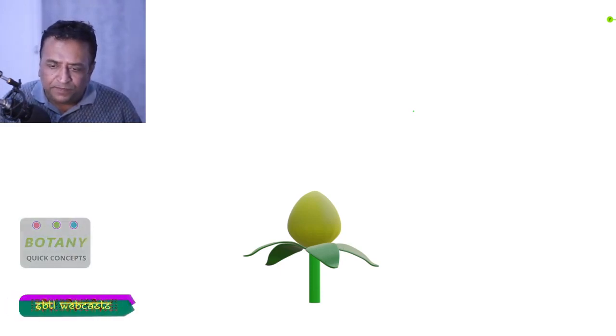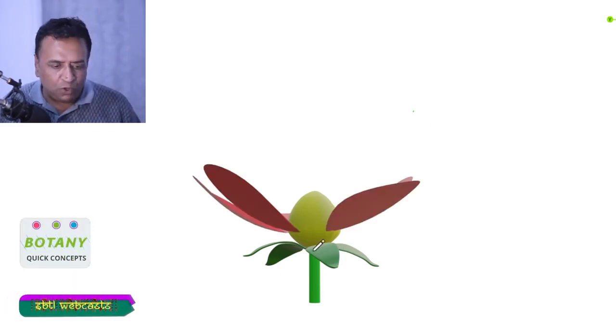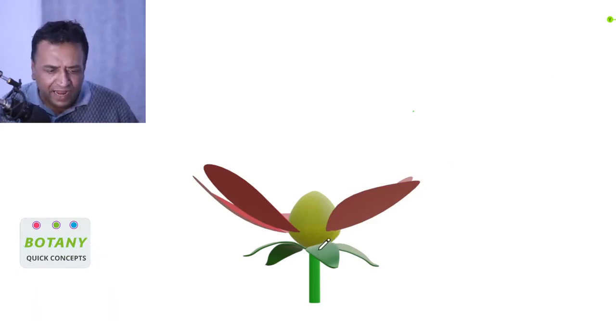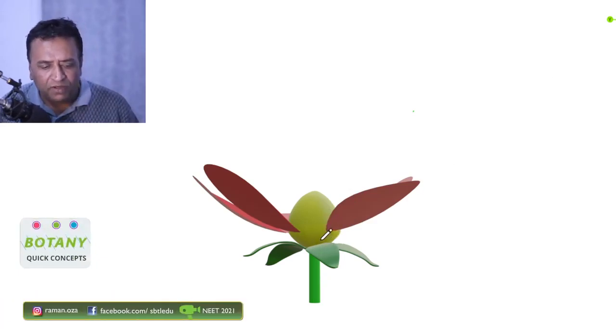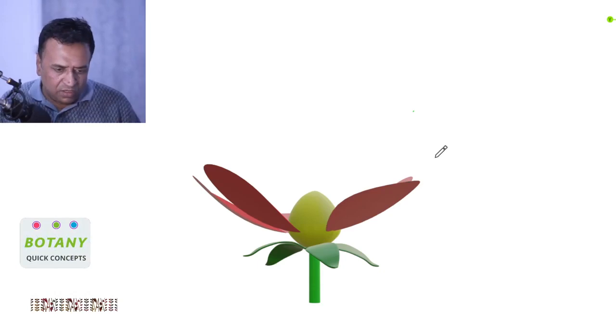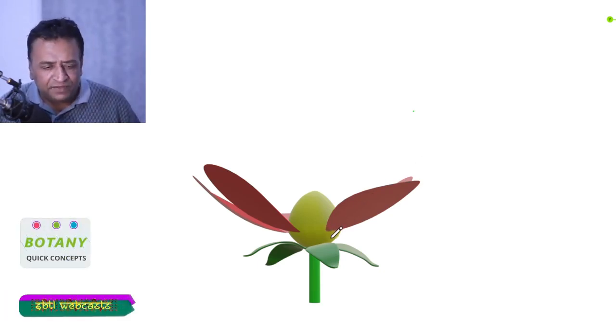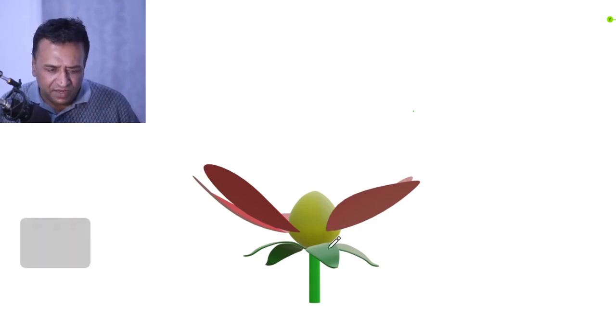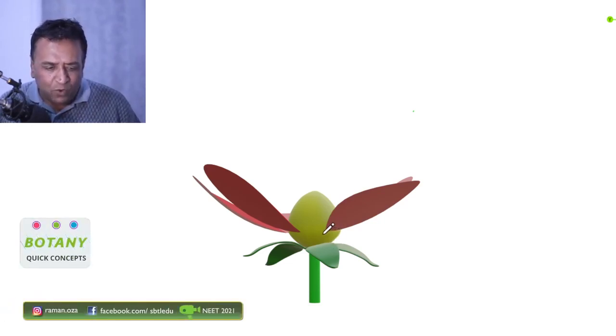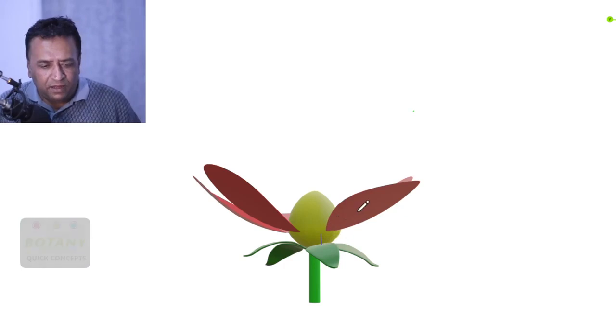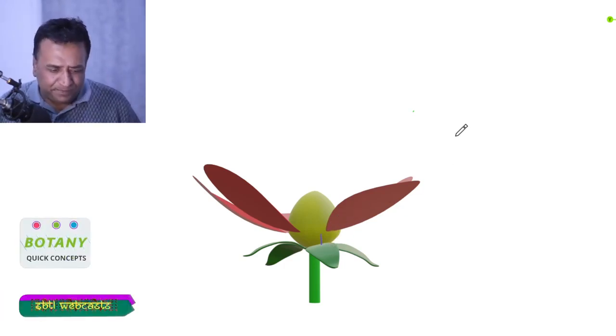Then comes the second part, that is corolla, that is inserted above the level of calyx. This distance may be very less in many flowers, and this is actually the internode between corolla and calyx.